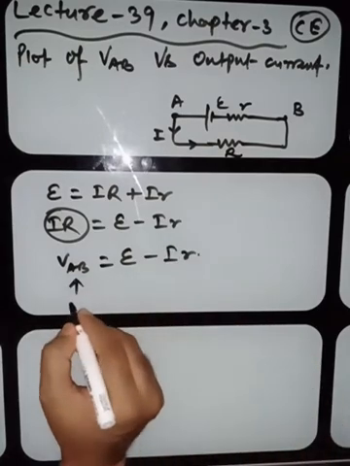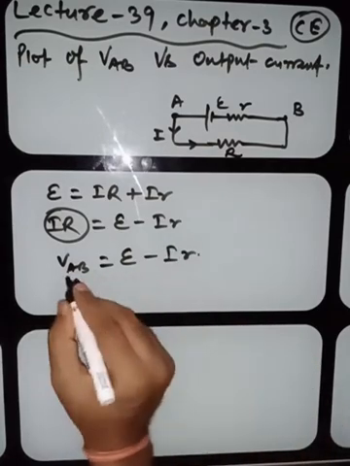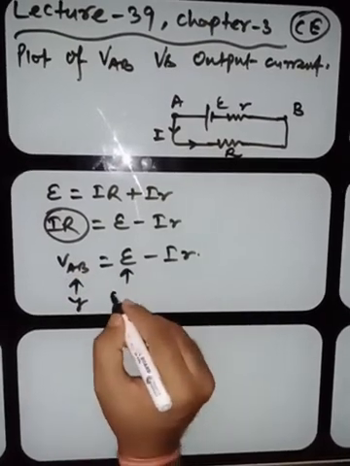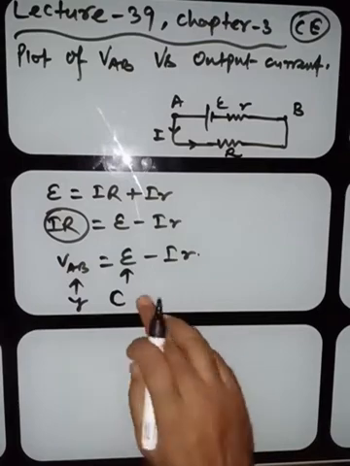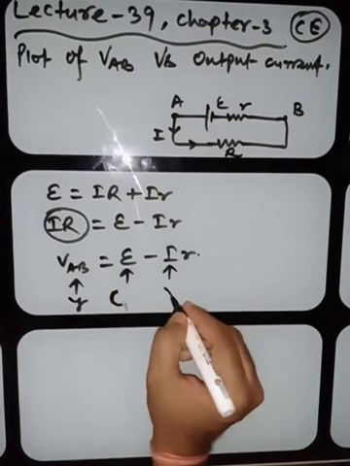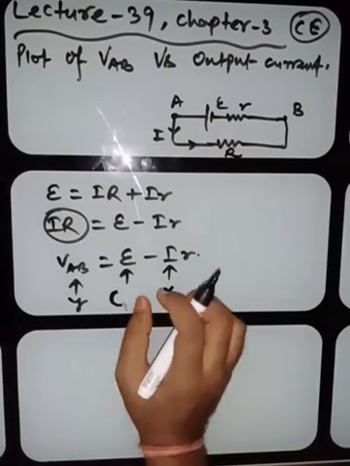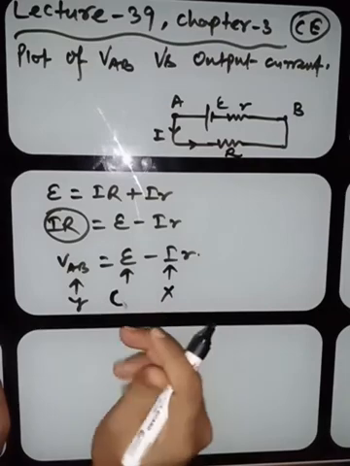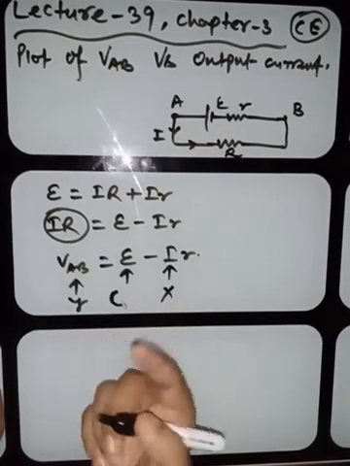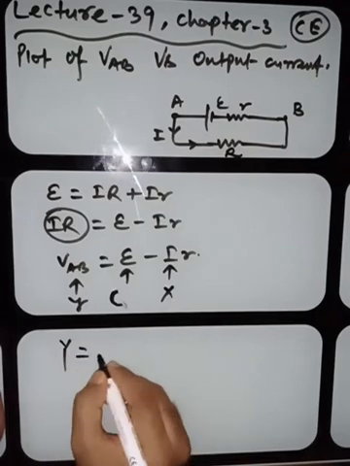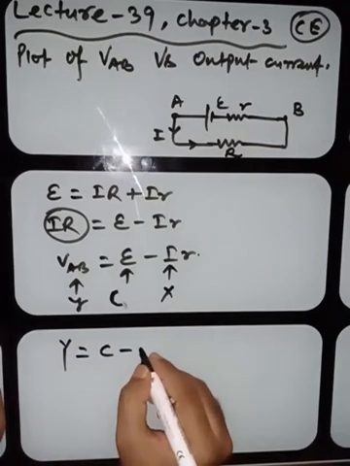If we take this on the y-axis, and this constant is represented by C, and this is on the x-axis, then we can compare this equation with the equation of a straight line, y equals C minus mx.